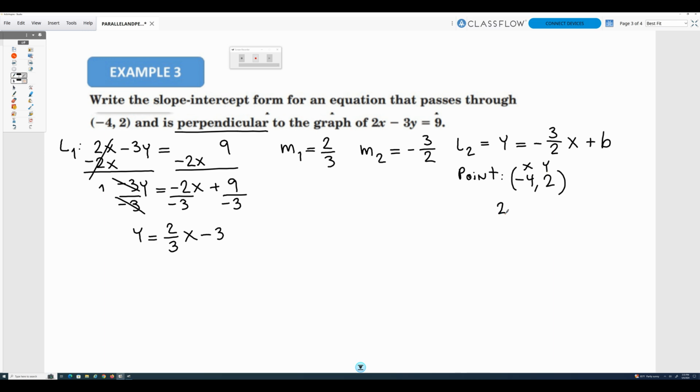Substitute x and y in the equation accordingly. Simplify. The y-intercept is -4.